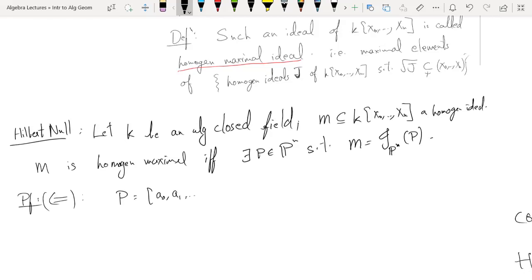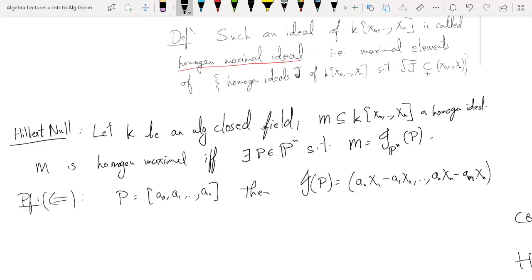We know that I(P), by the calculation we did, is the same as (a0 x1 - a1 x0, ..., a0 xn - an x0). So the ideal of definition of P is this, and we only have to show that it is maximal among the homogeneous ideals properly containing it.